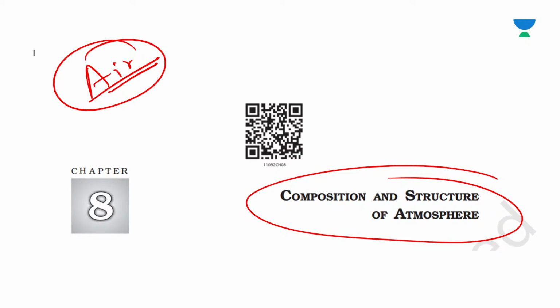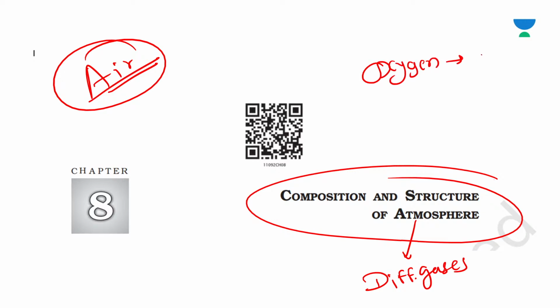So the atmosphere is a mixture of different gases and it envelops the earth all around. It contains life-giving gases like oxygen for humans and animals, and carbon dioxide for plants.